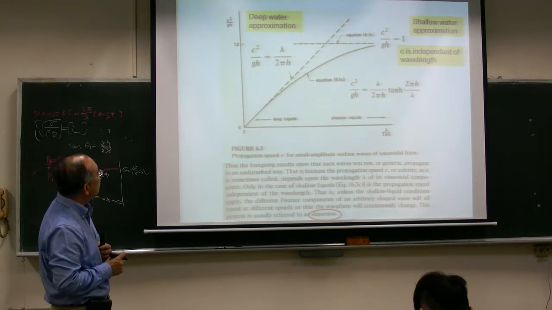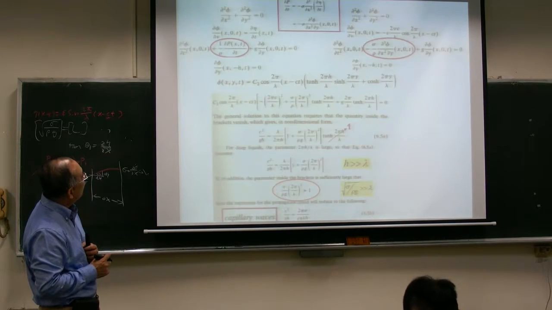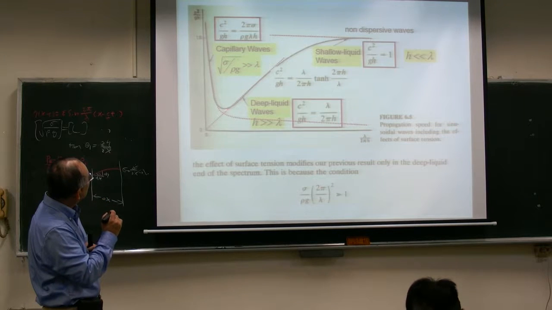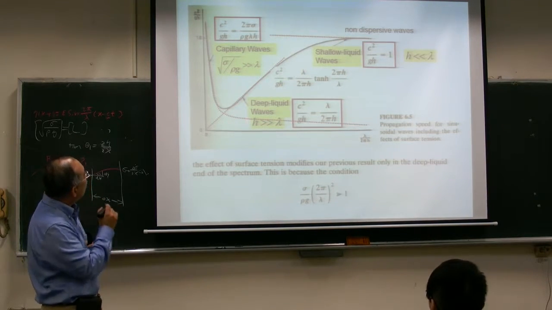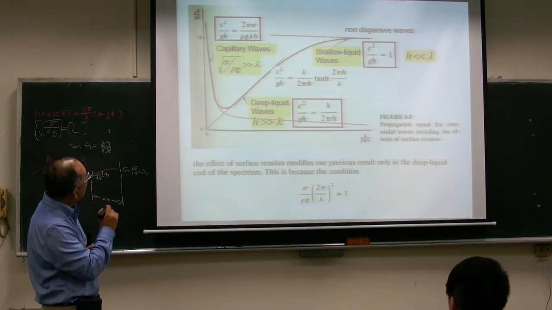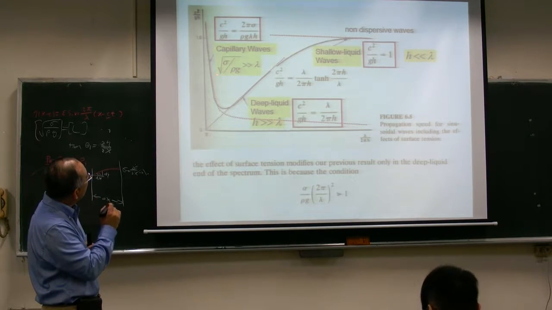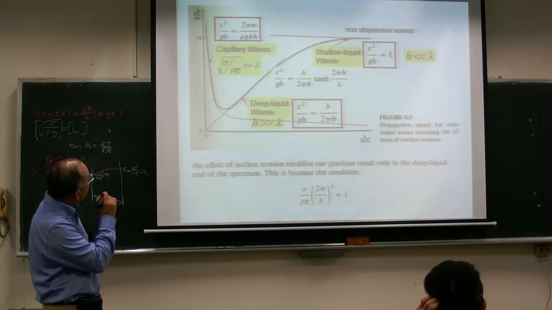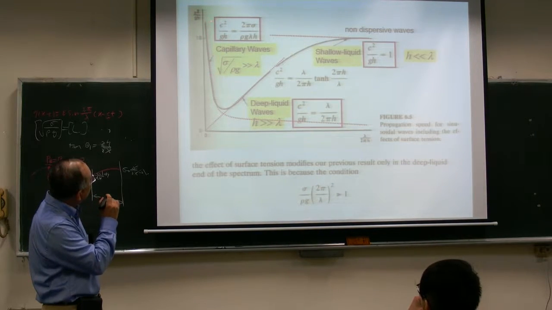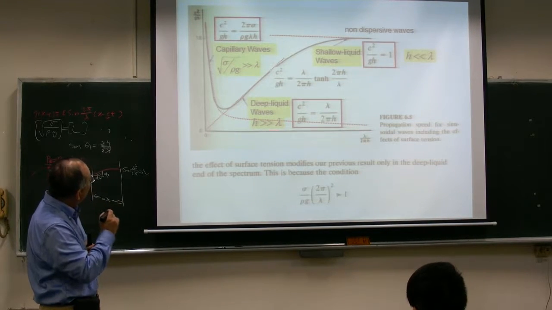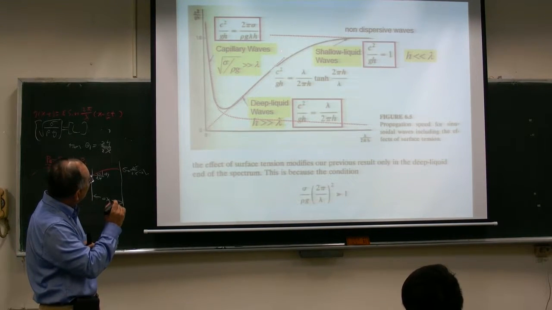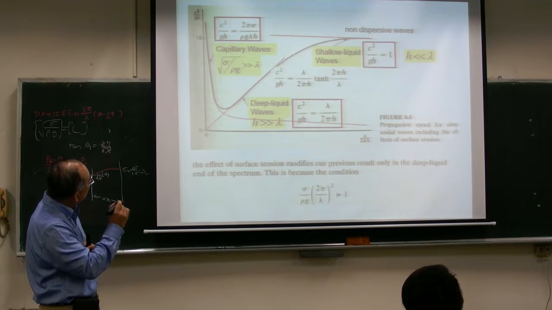When you consider surface tension, the dispersion relation changes. The only change is here. When we consider this, we have the capillary wave. For the capillary wave, the dispersion relation is this dashed line here. This is for the deep liquid wave, and this is for the shallow liquid wave.